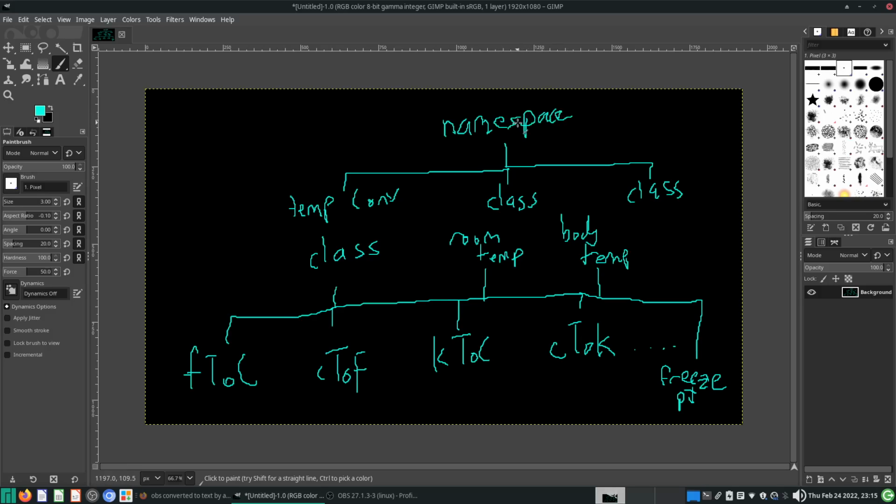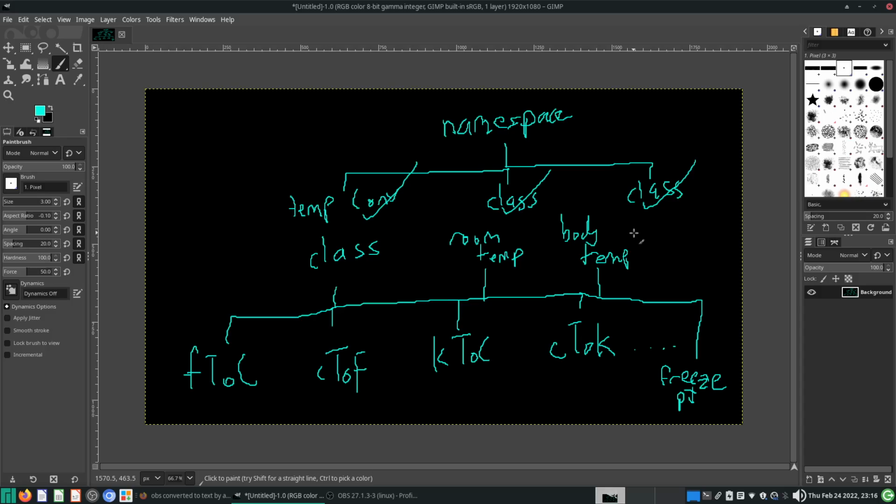In C# or C++, you have this thing called namespace. Classes are grouped together under a namespace so that you can organize your things. For example, here we have temperature conversion. Maybe here we have a length conversion from miles to kilometers, kilometers to miles, inches to centimeters, centimeters to feet, etc. Over here maybe we have mass conversion, where you want to convert from pounds to kilograms, kilograms to pounds, ounces.